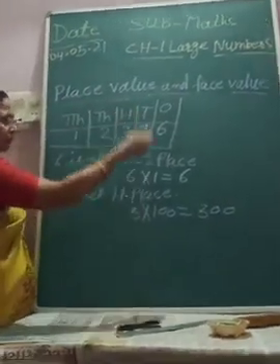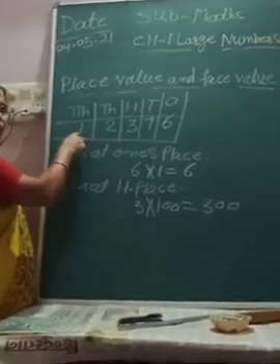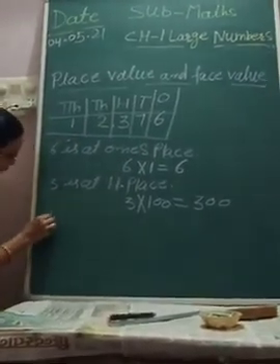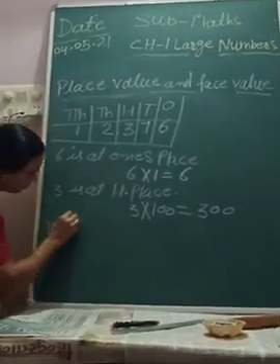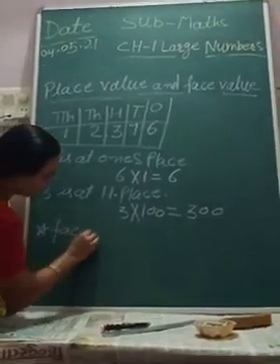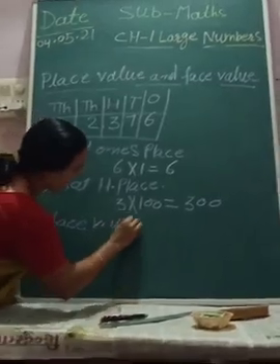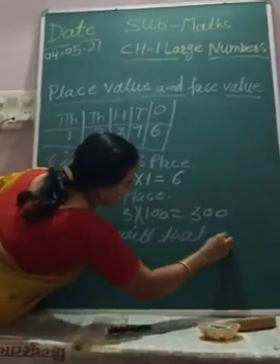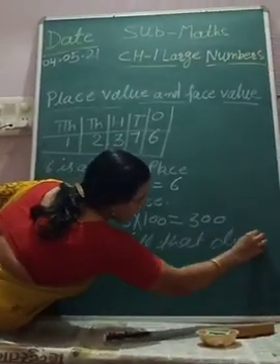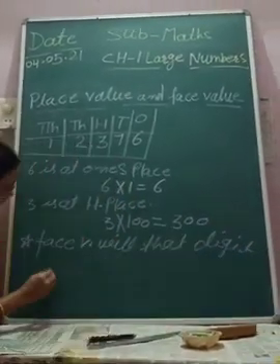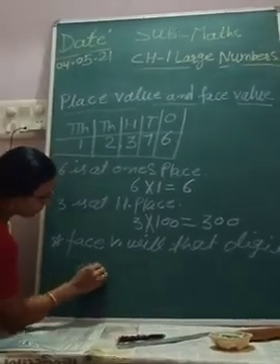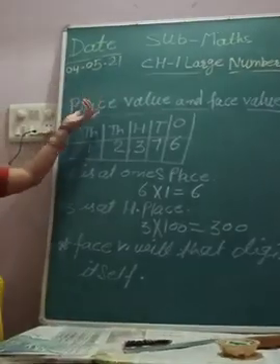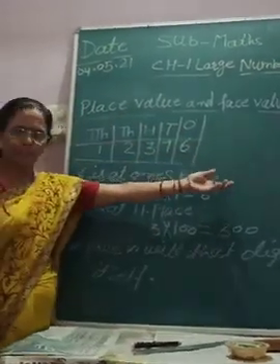Face value of 7 is 7 itself. Face value of 1 is 1 itself. The face value will be that digit itself.